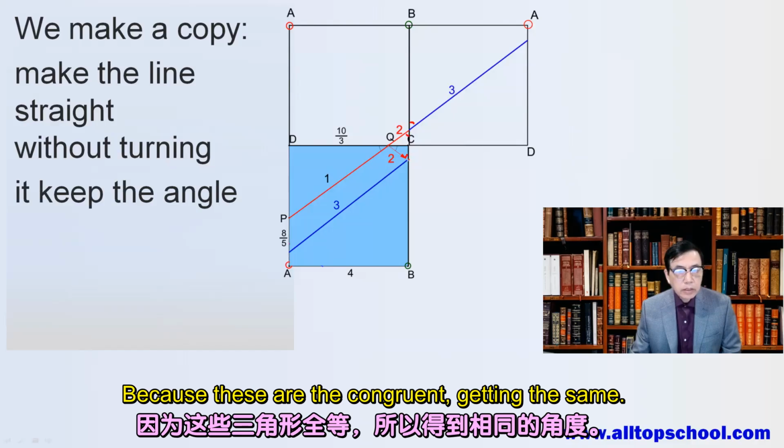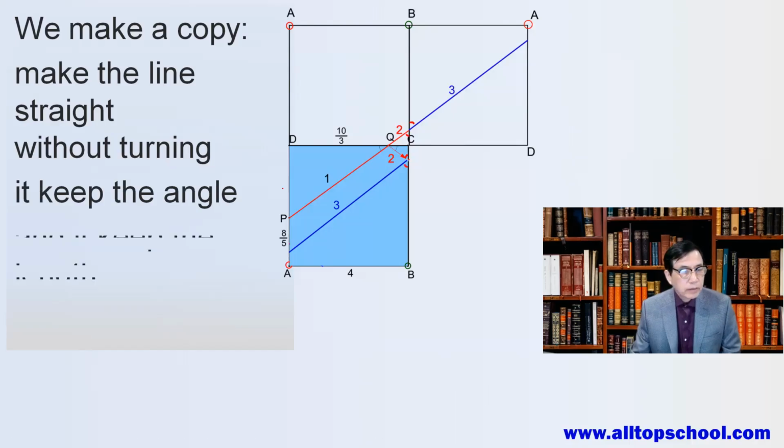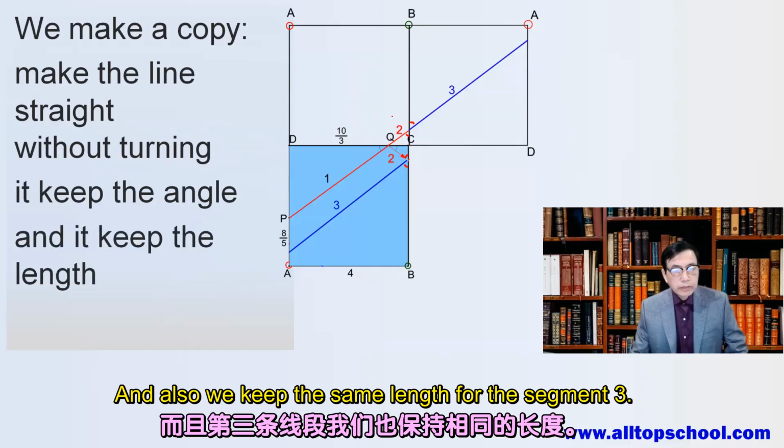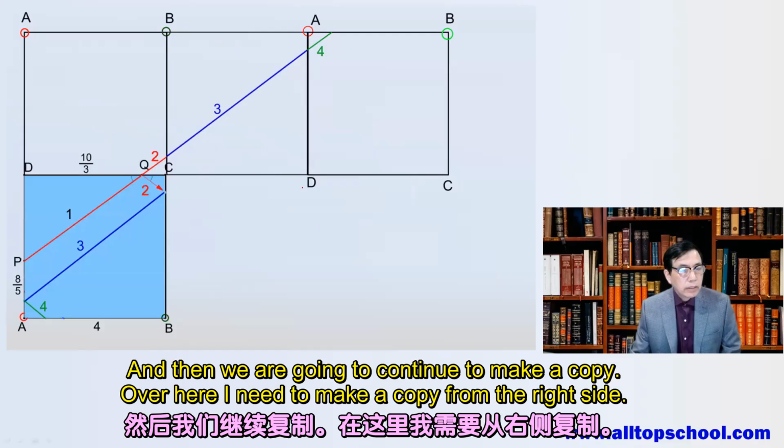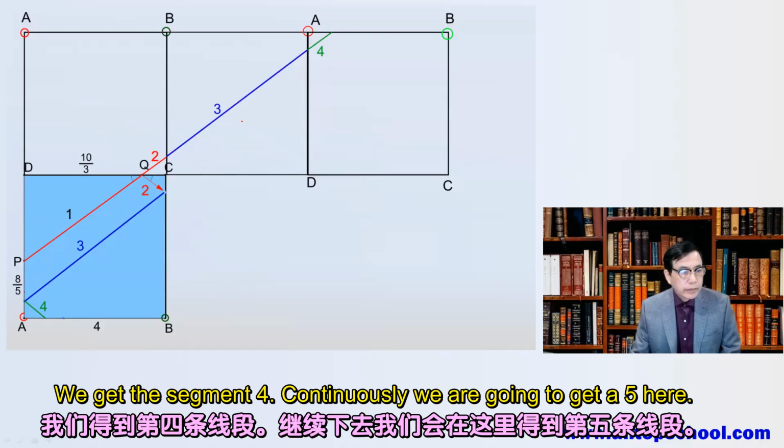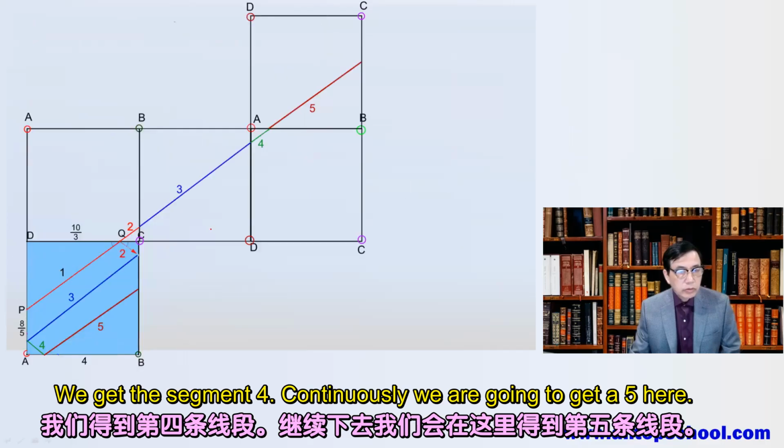This is congruent, so we get the same, and we also keep the same length for segment 3. Then we continue making a copy. Over here, I need to make a copy from the right side. We get segment 4. Continuing, we get a 5 here.